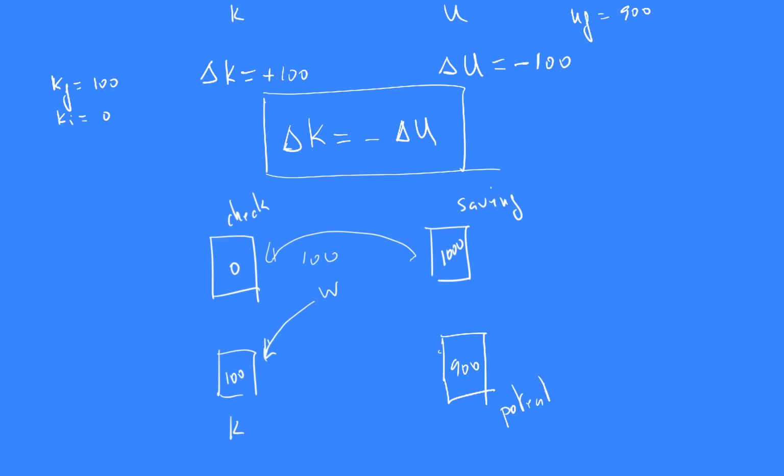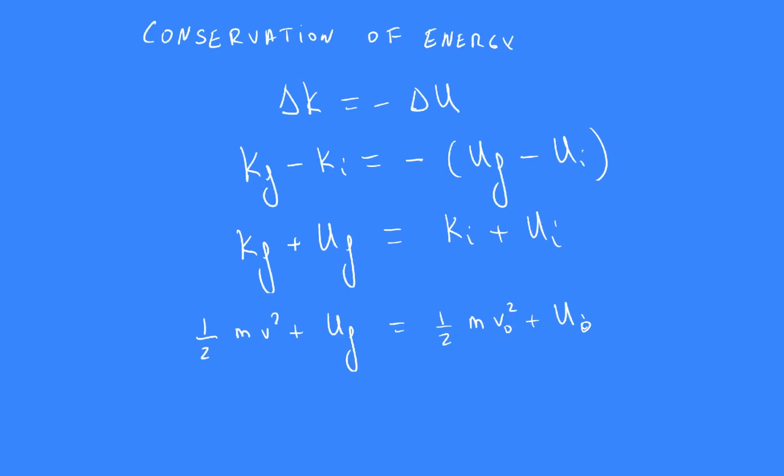The kinetic energy gains 100 joules, the potential energy loses 100 joules. So the game and the conservation of energy is exactly this. If you write the equation, you will realize what the equation is. The change in kinetic energy equals minus the change in potential energy.